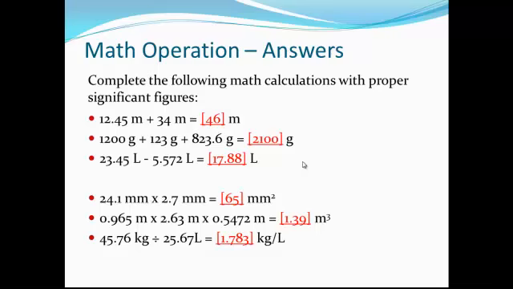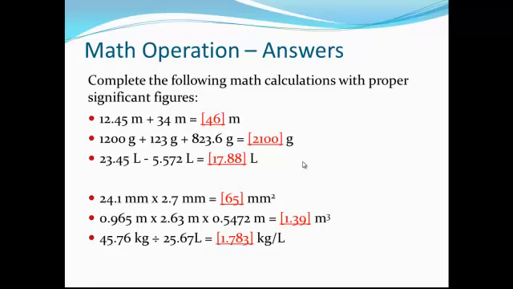Those are the answers that come through the steps. Carry out the operation, and then for addition and subtraction, identify the least accurate one, which means you identify the highest uncertainty level, and your answer should be determined by the highest uncertainty level. For multiplication and division, carry out the operation, then count each of the numbers involved in the calculation, how many significant figures they have.